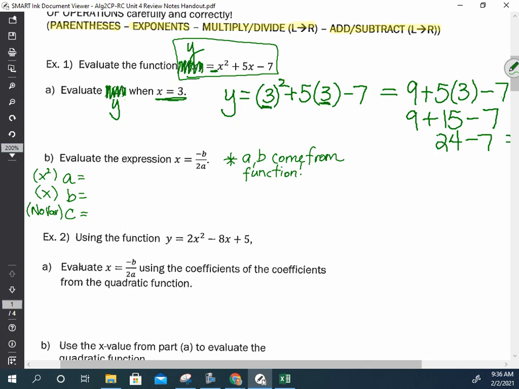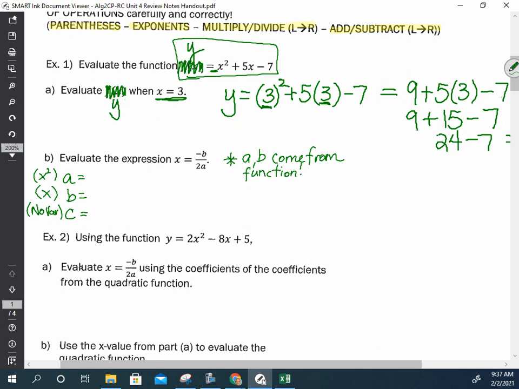If you're stuck and you don't know, say that you're stuck and you don't know. I'll help you. Let's see.